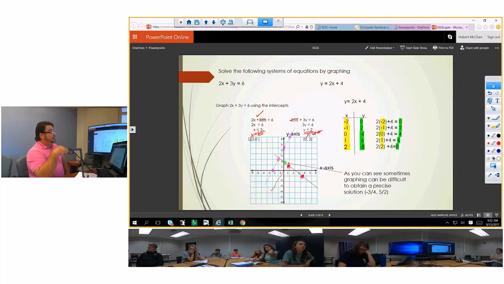That's the x-intercept. Plug in 0 for x, you get the y-intercept, and you plot those 2 points. Then you do this one. Here, y is by itself, so you're going to use method 1 or method 3, which is this method. And you plot those points.